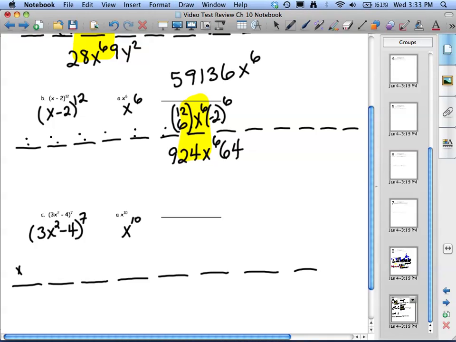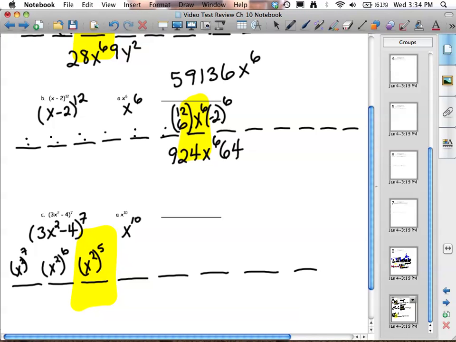So if I take x squared, this would be raised to the 7th. x squared raised to the 6th. x squared raised to the 5th. This is where you get the 10th.